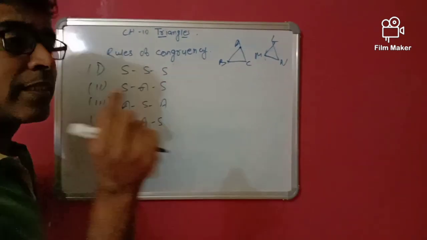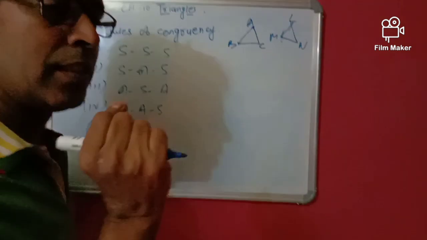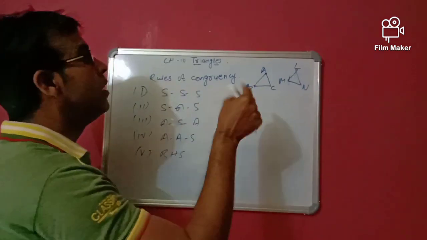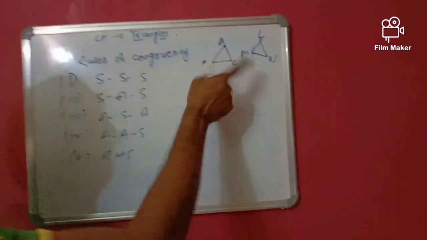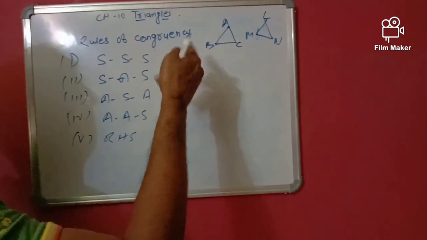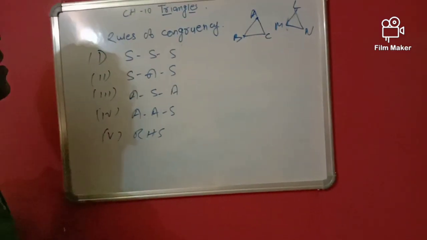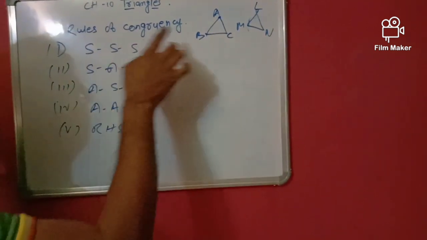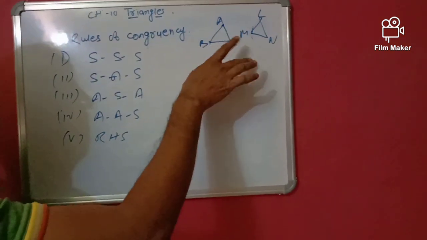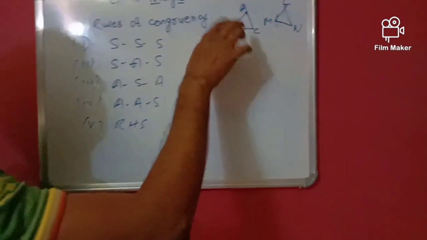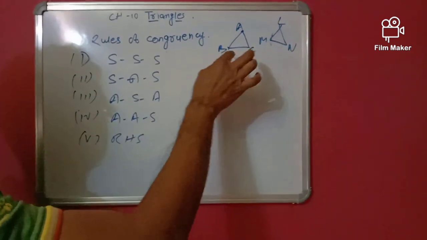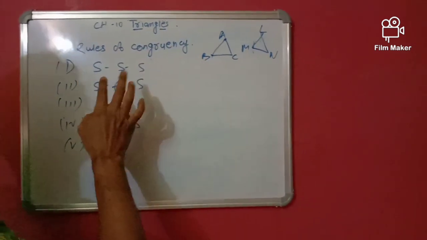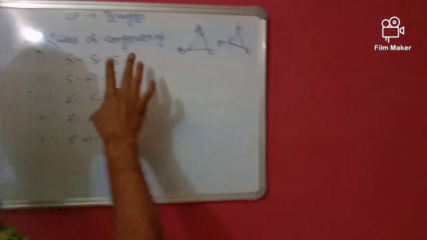According to these 5 rules, we can solve most theorems. See the figure. Congruency means both triangles have the same shape and same size, and whatever rules I have written, we can use to prove theorems.